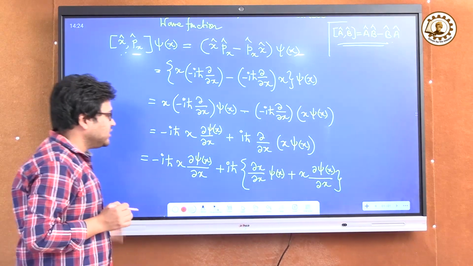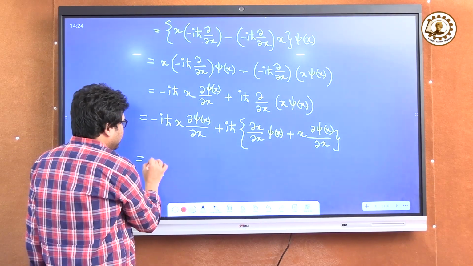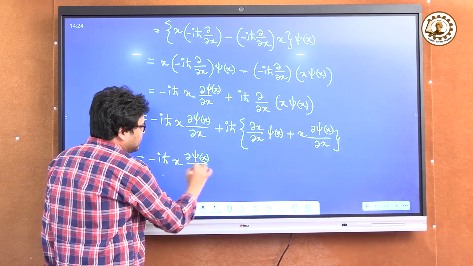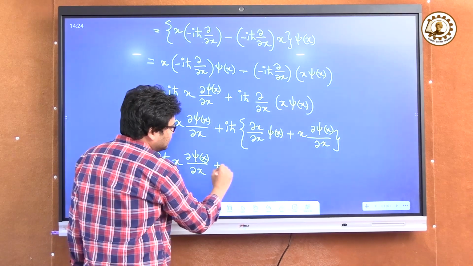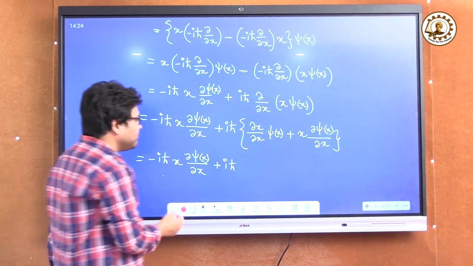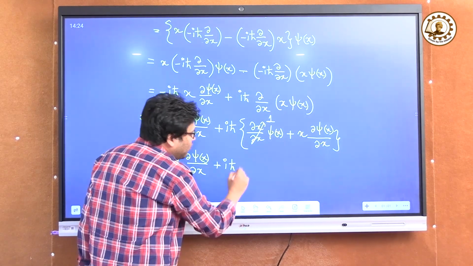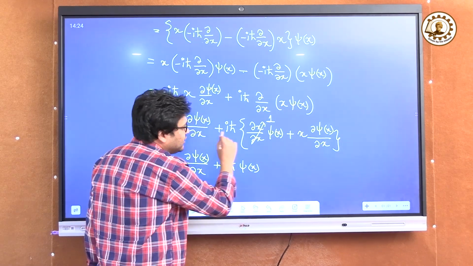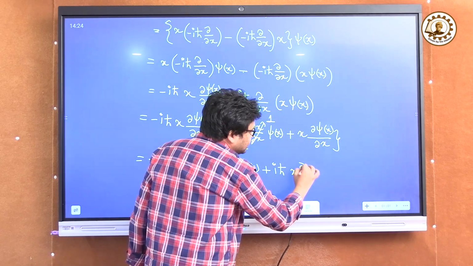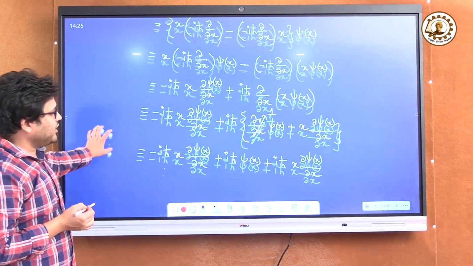As we have already learned about the normal formulas in differential calculus. Okay, so the first term is minus iħ x ∂ψ/∂x plus iħ. This ∂x/∂x goes 1, so we only have ψ(x), plus iħ x ∂ψ/∂x.